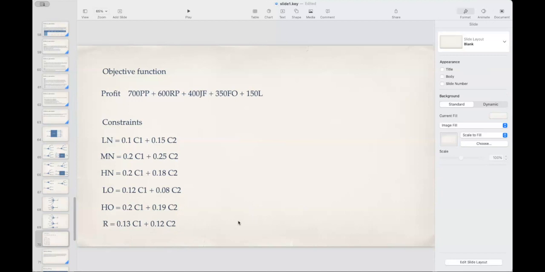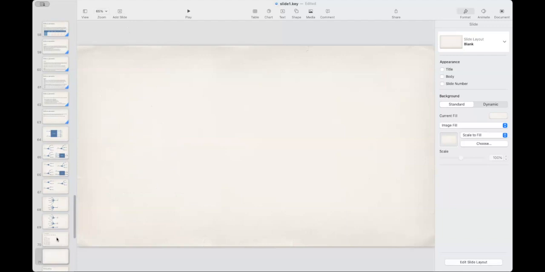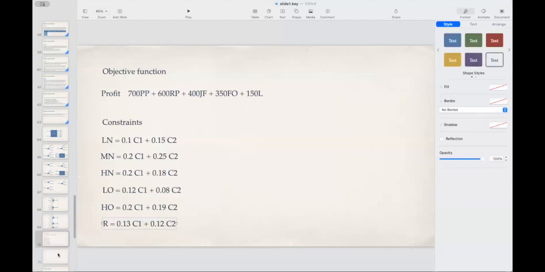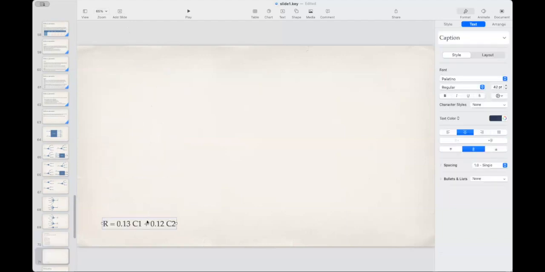If you look at the distillation column, what else do we have for the constraint? The capacity, right? We restrict around the distillation column first before we move to other places.